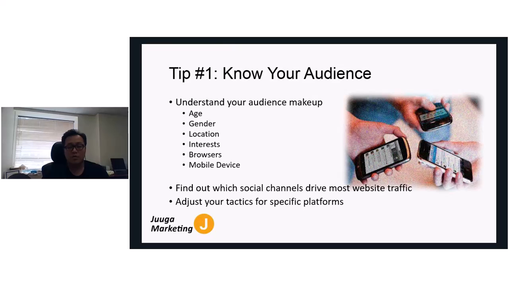If you're trying to market to people who are, say, age 15 to 30 versus people from age 50 to 65, obviously your marketing will be very different, and the materials on your website or on your social media are very different as well. So think about who they are and find out which social channels will drive more traffic, and then you gotta adjust. So number one is to make sure that you know your audience.